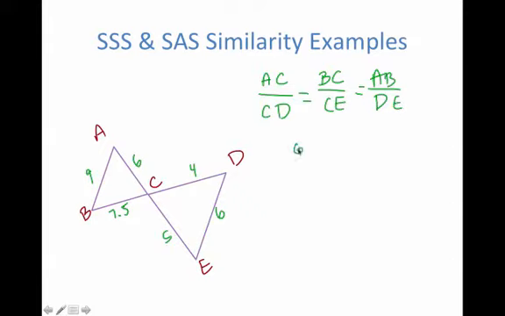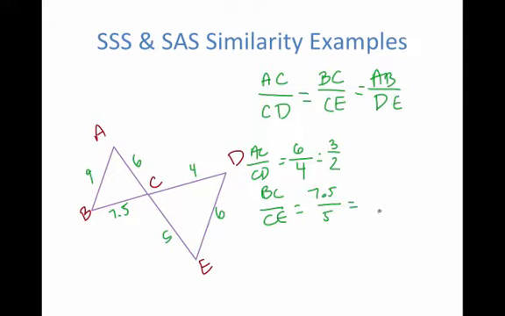So AC over CD, which is 6 over 4, reduces to 3 over 2. I'll label it. Please make sure you label everything. So that should be equal to BC over CE, which is 7.5 over 5.